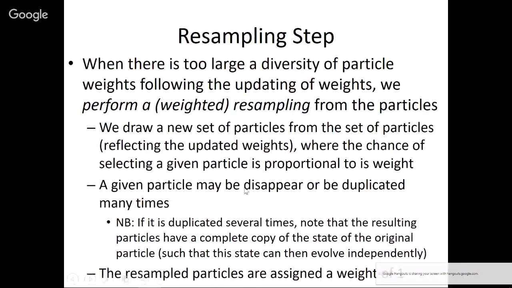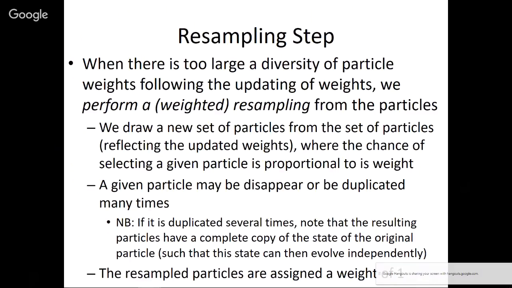So here we perform a resampling of the particles, and a given particle is going to be replicated or is going to disappear with a probability associated with the weight. So if the weight is very small, it's quite likely that it won't be resampled at all.